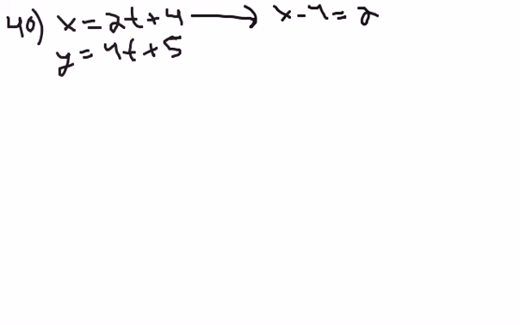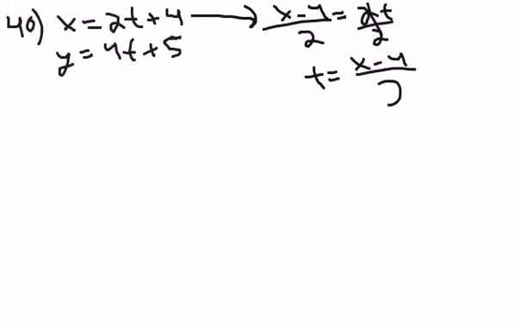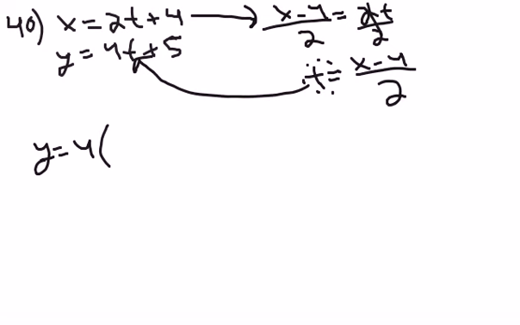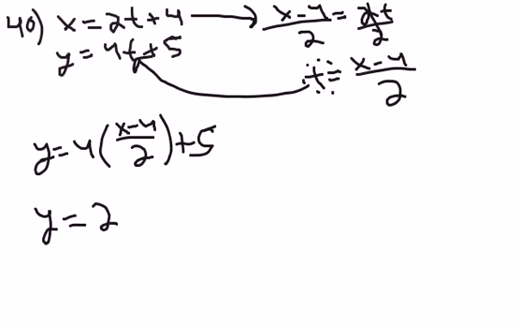So I'm going to say x minus 4 over, well, let me show all the steps. X minus 4 equals 2t. Divide both sides by 2. Take this guy, put it into this t. Okay, and then you have 4 divided by 2 is 2.